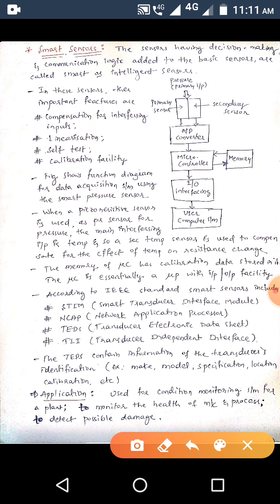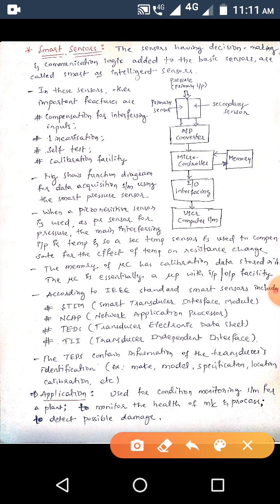Okay, then here the TEDS, that is the transducer electronic data sheet, contains some information of the transducer's identification. Which transducer we are adopting here is going to be decided by the TEDS. How does it work?